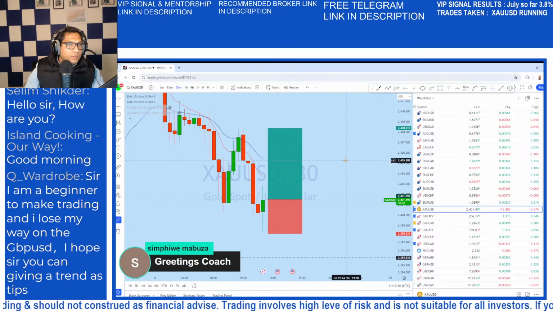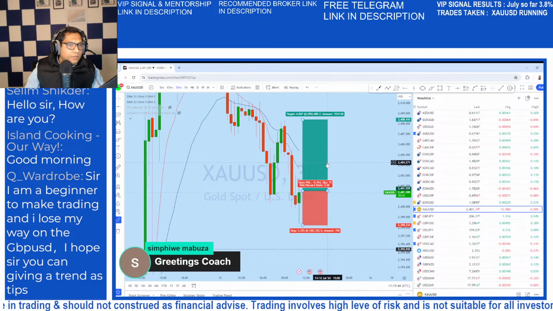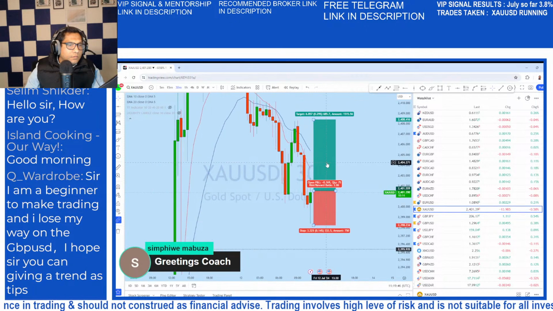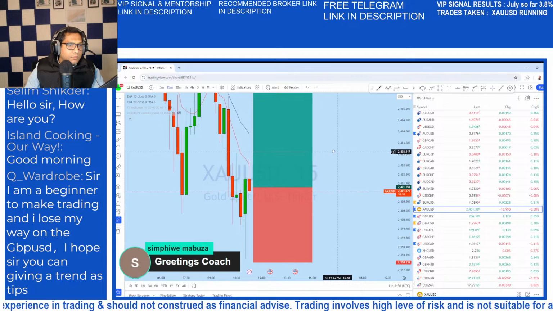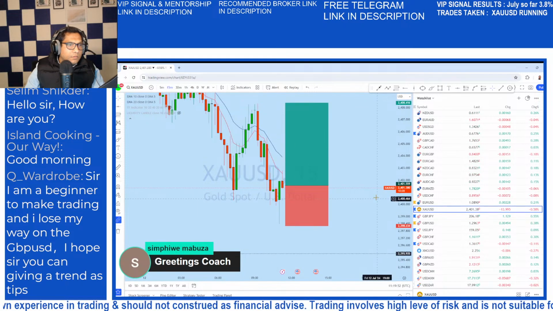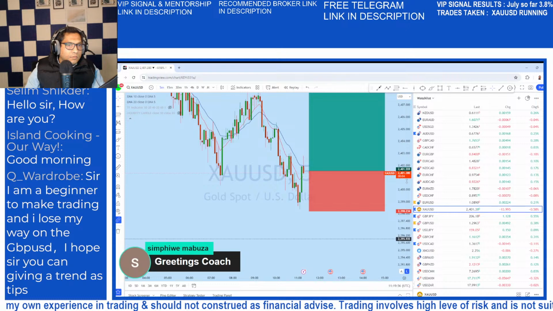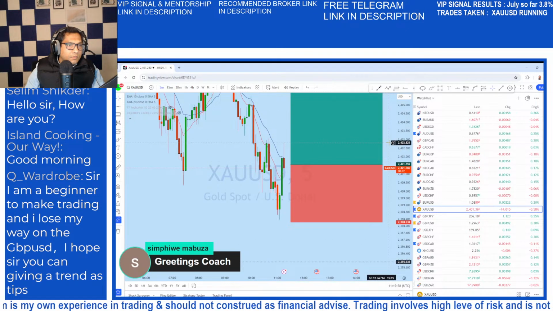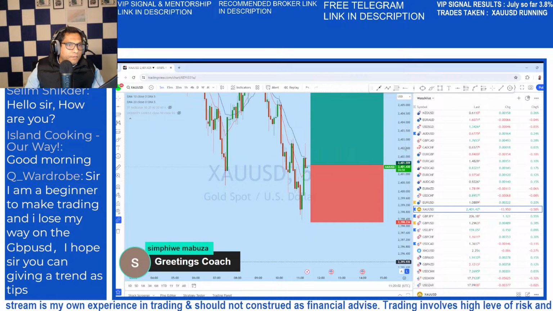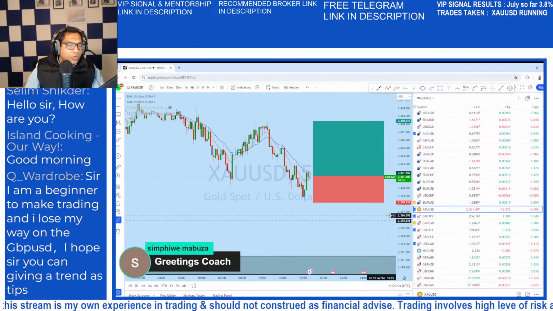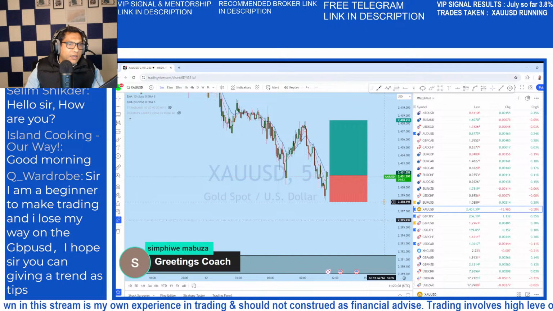So we see here multiple liquidity grabs, wanting to see the market managing to bounce back to the upside.